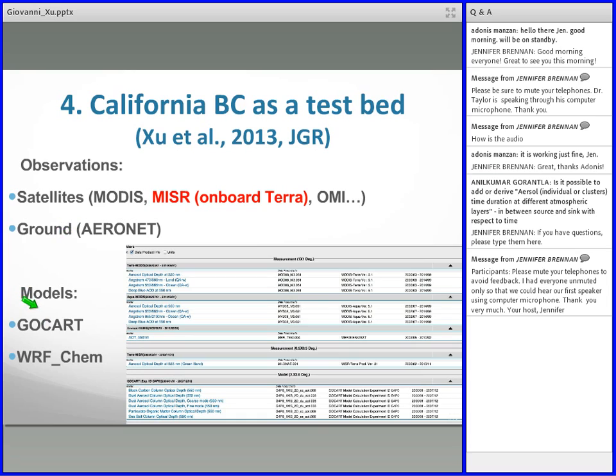For the model, that's very handy because GOCART, which is the NASA chemistry transport model developed at NASA Goddard Space Flight Center, is readily available through the Giovanni system. You can see here it outputs individual species from the model. We also collaborate with the DOE lab at PNNL to conduct WRF-Chem simulations, which is a regional chemistry model fine-tuned for this California case.